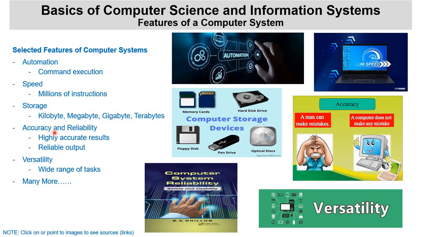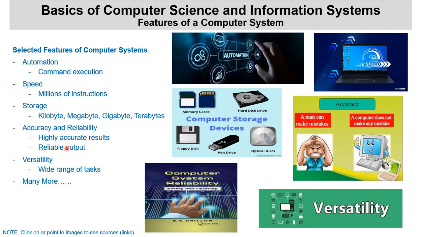And of course, with computers doing the work and not humans, you expect high accuracy and reliability in the results that the computer displays. That is one feature you can definitely find with any computer system. That's why we sometimes use a calculator instead of doing it ourselves, or use a software simulation to do the work for us, because they are reliable and highly accurate.